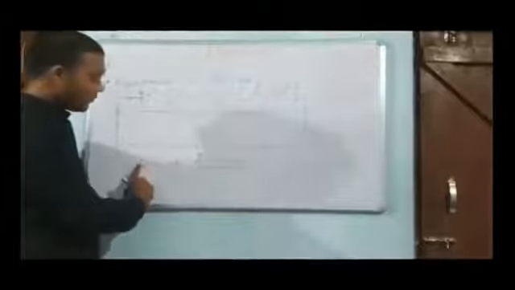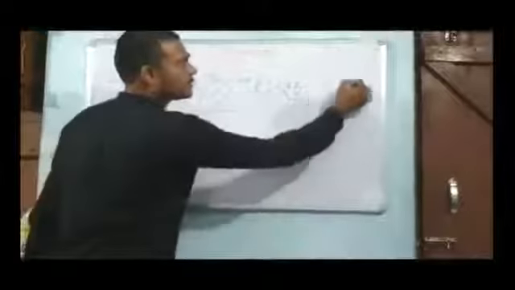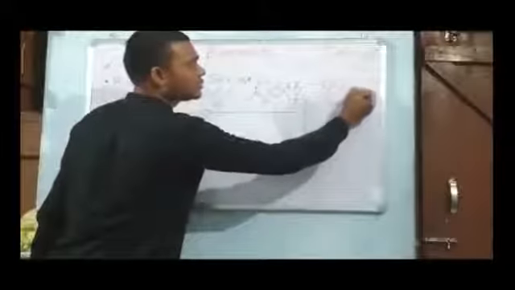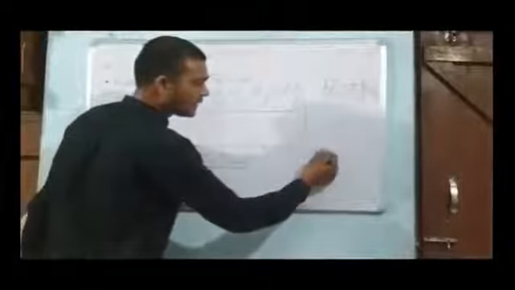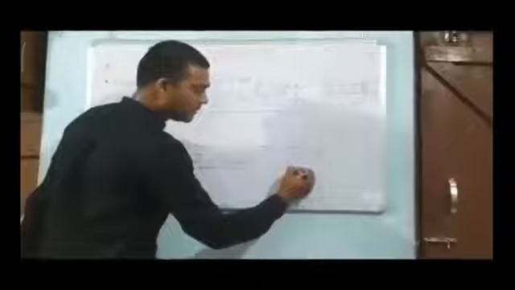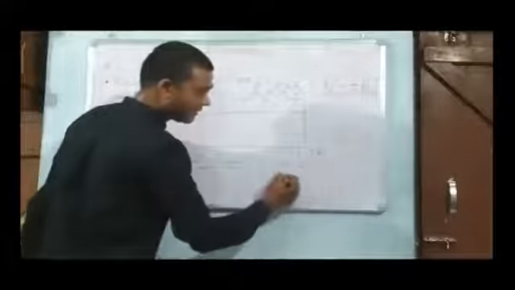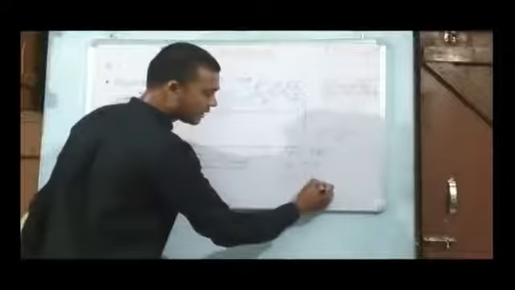Now we find V1, V2, V3 one by one. By Ohm's law, V equals IR. The current is the same in this circuit, so V1 equals IR1, V2 equals IR2, and V3 equals IR3.